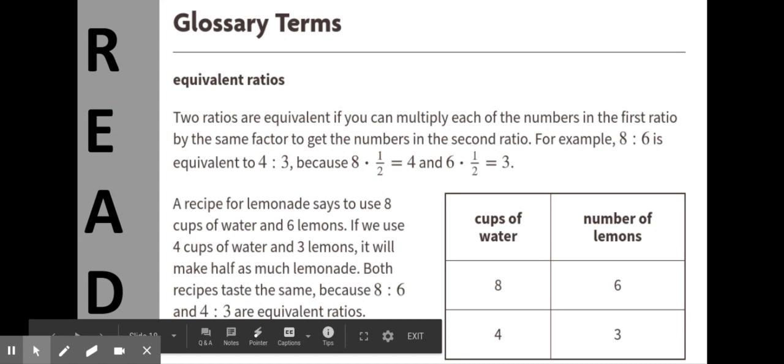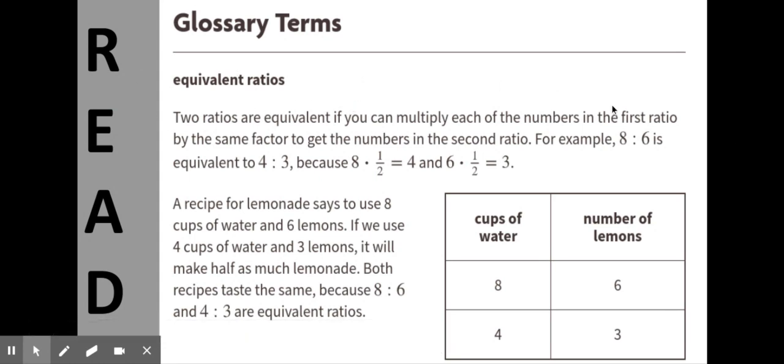Okay, so we have this definition here of equivalent ratios. 2 ratios are equivalent if you can multiply each of the numbers in the first ratio by the same factor to get the numbers in the second ratio. For example, 8 to 6 is equivalent to 4 over 3 because half of 8 is 4 and half of 6 is 3.